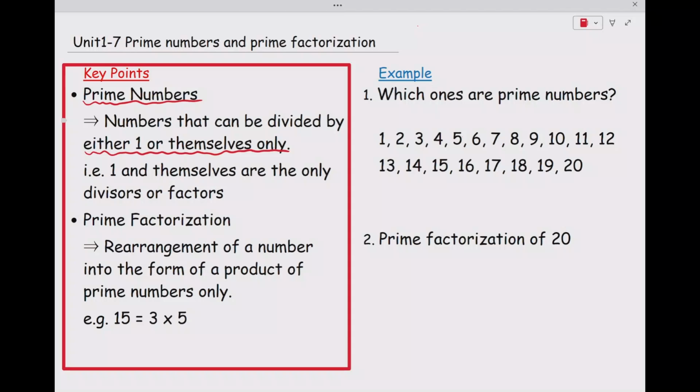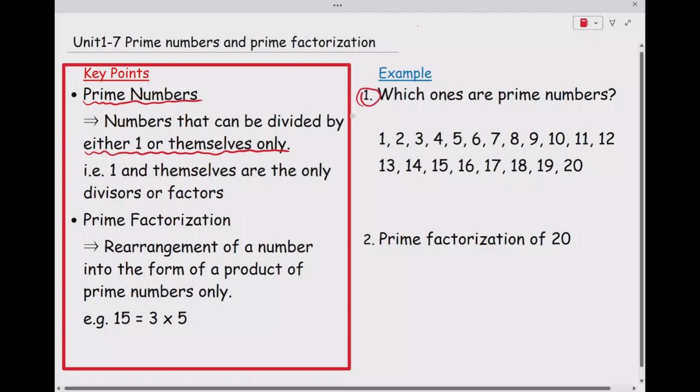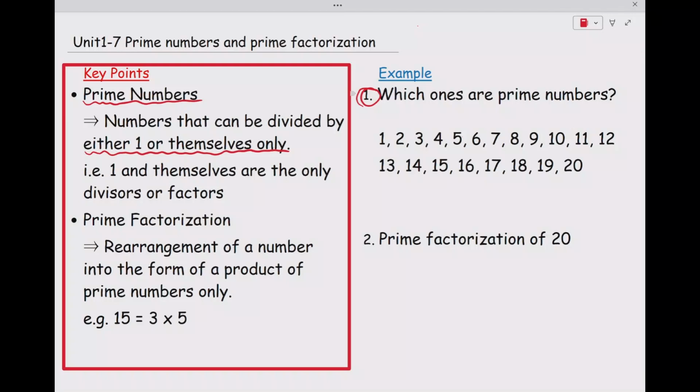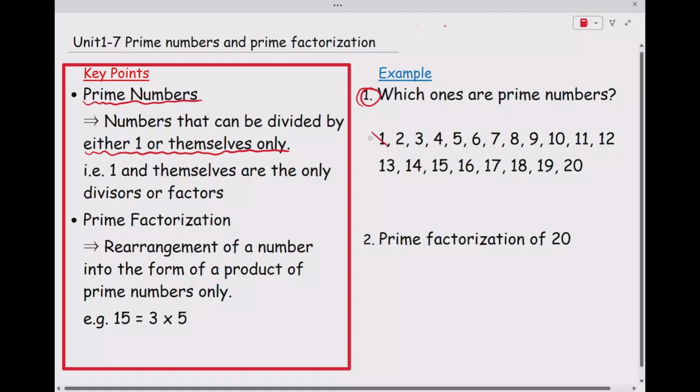Now, let's think together about how many prime numbers there are among the numbers from 1 to 20. Let's start with the fact that 1 is not a prime number, because there is only one divisor, do you remember?